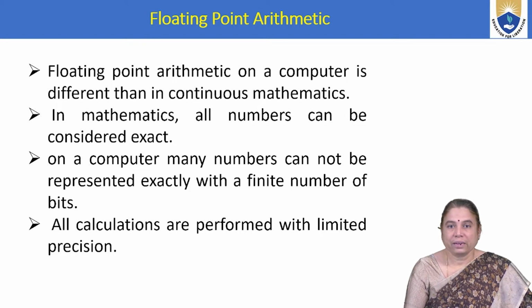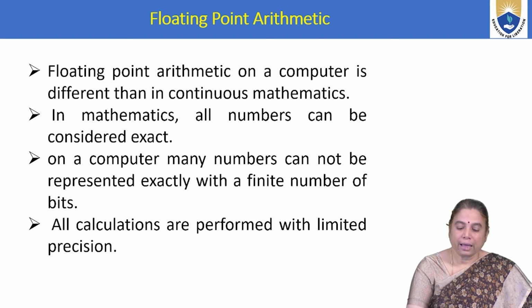Now we have to consider how floating point arithmetic operations like addition, subtraction, multiplication and division can be carried out. Floating point arithmetic is somewhat more complex than fixed point arithmetic. Why? Because floating point arithmetic on a computer is different from continuous mathematics. In mathematics, all numbers are considered exact.